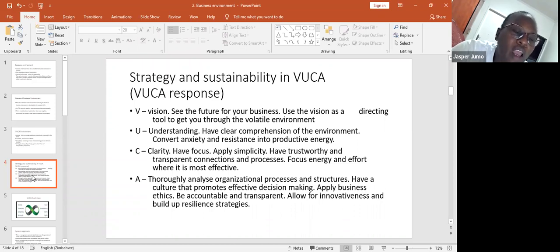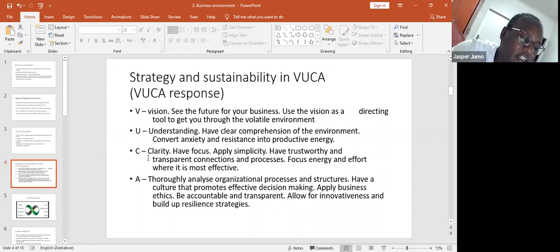So as you are running your business in that environment, already you know you need insurance for this. You need to have this type of security for your organization. In that environment which is uncertain, in that environment which is volatile, once you have an understanding of the environment that you are operating in, you can remain sustainable regardless.